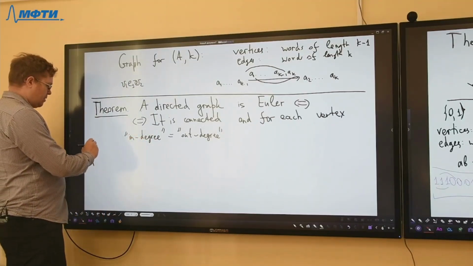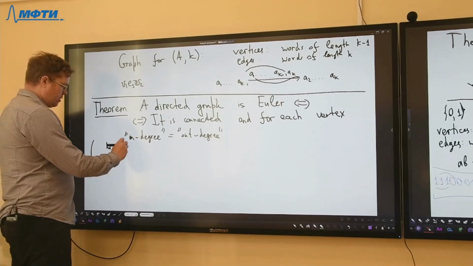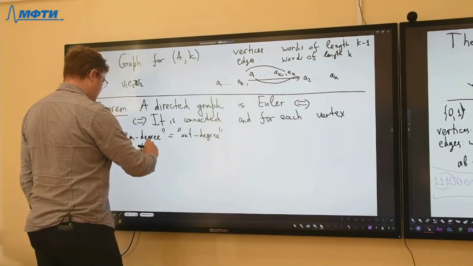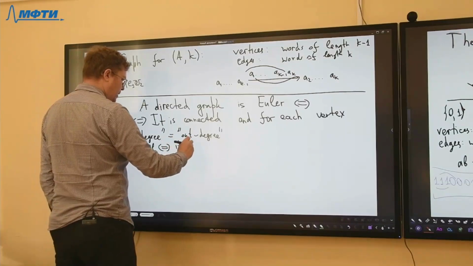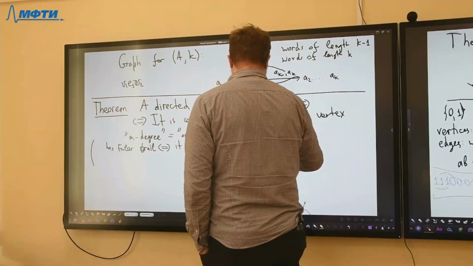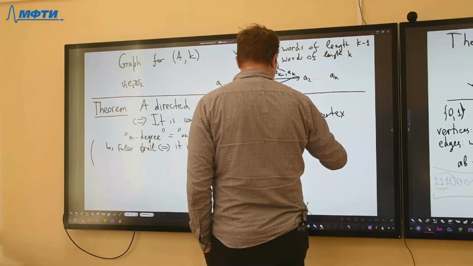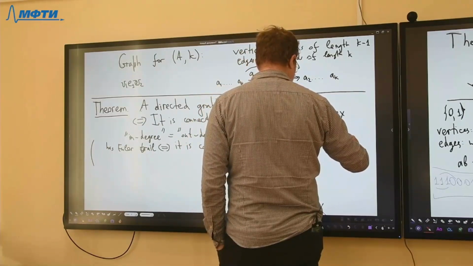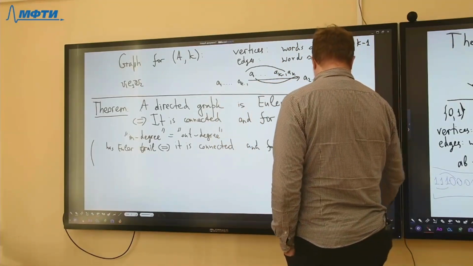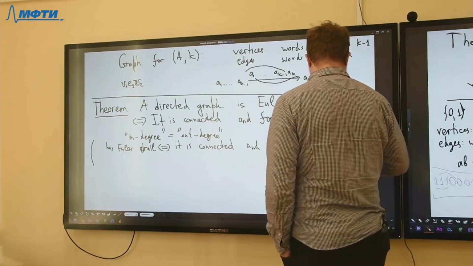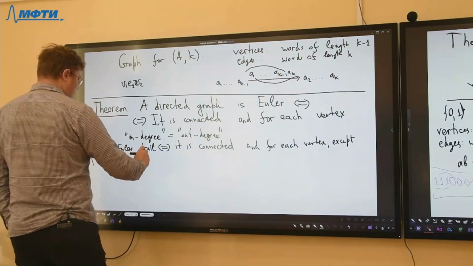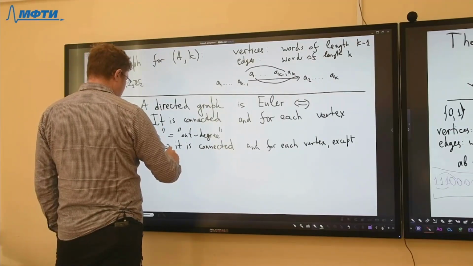A graph has an Euler trail if and only if it is connected and for each vertex except maybe two, the same holds: the in degree is equal to the out degree.